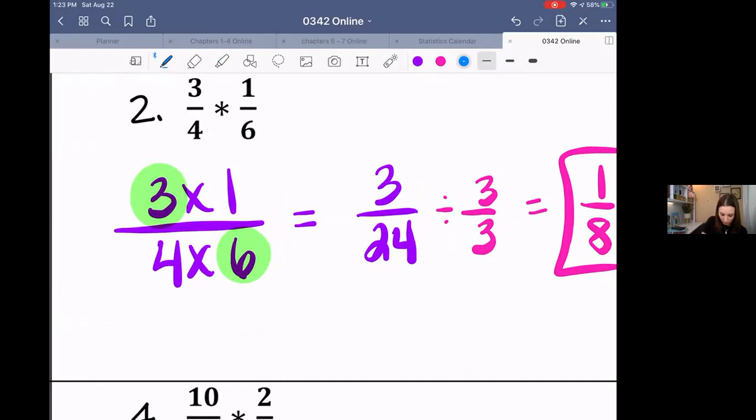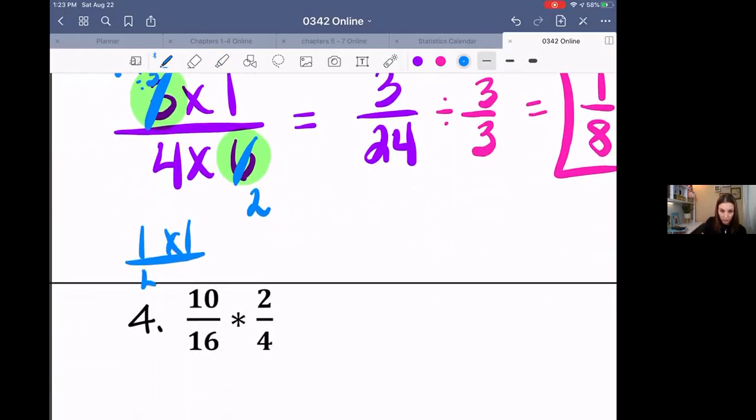So 3 divided by 3 is 1, 6 divided by 3 is 2. So now we have 1 times 1, 4 times 2 to get that 1/8. Isn't that so neat? So you can reduce first if you want to, but if you don't want to, you can do it the first way I did it.